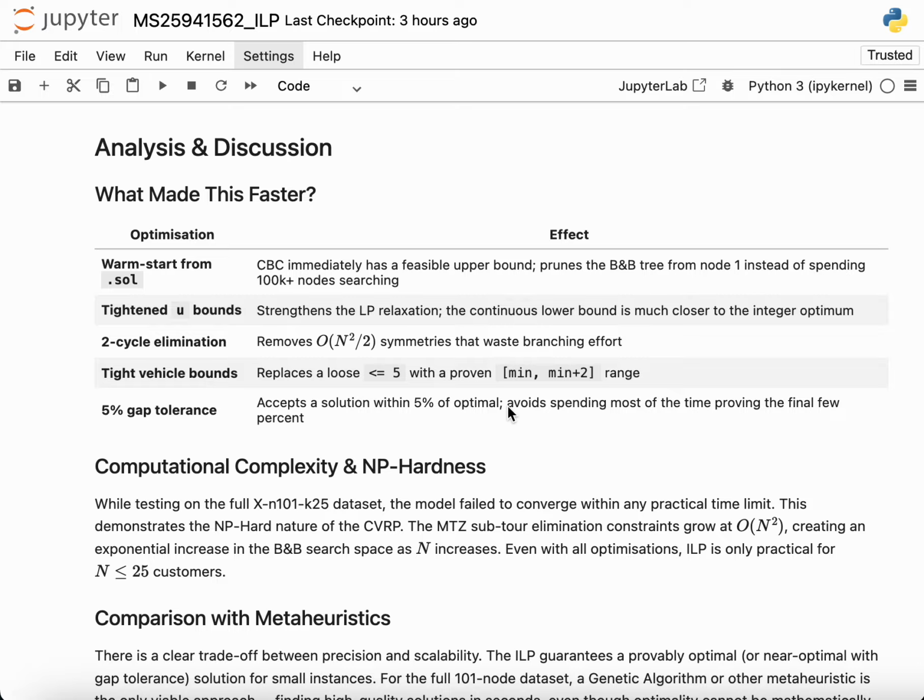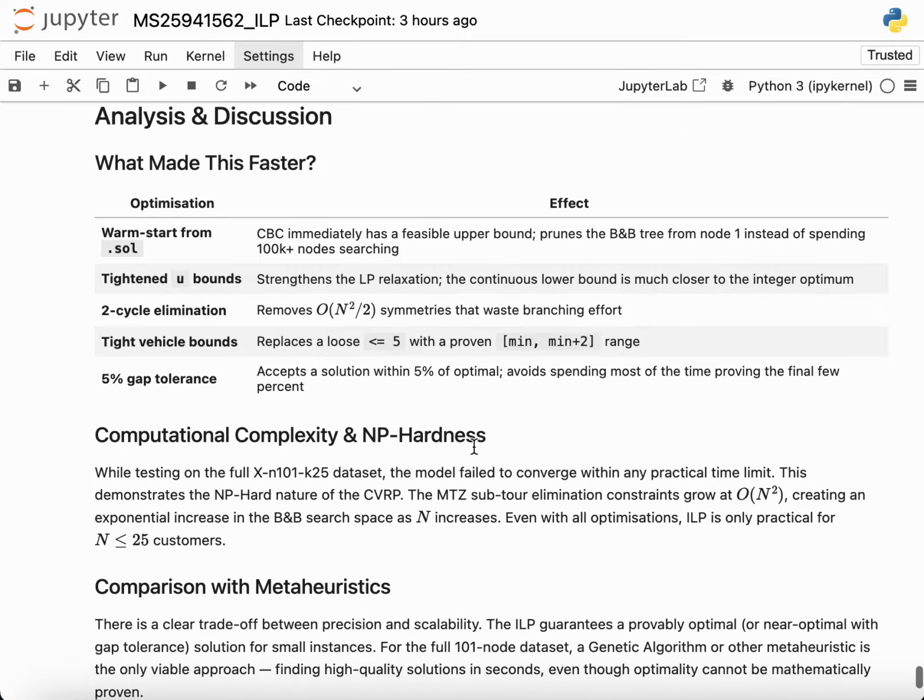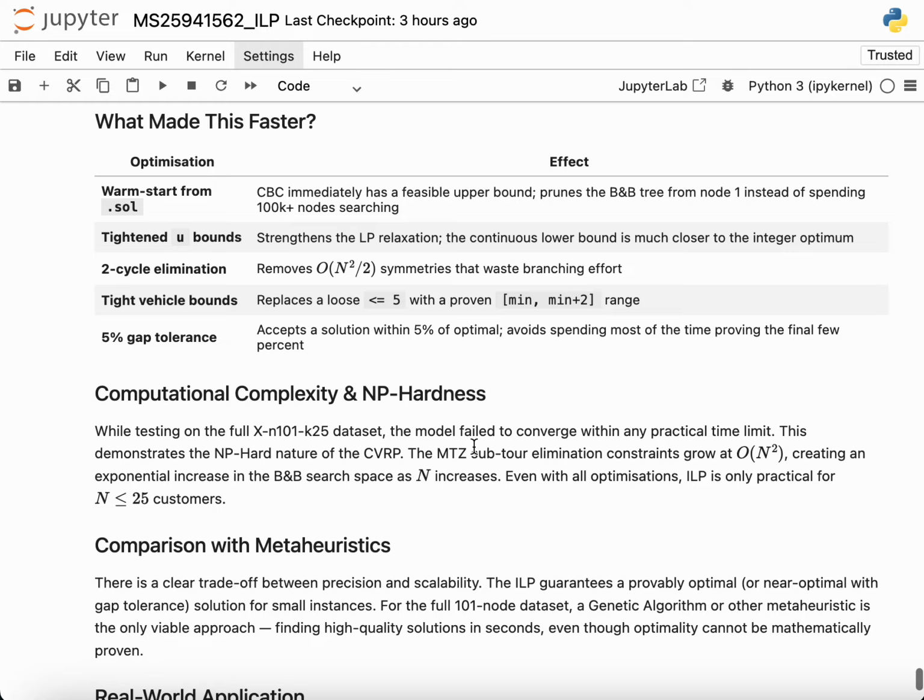While ILP is the gold standard for small-scale routing, the NP-hard nature of CVRP means that for the full 101 node dataset, metaheuristics like the genetic algorithm are necessary. This model, however, provides the necessary benchmark for understanding what a perfect solution looks like.